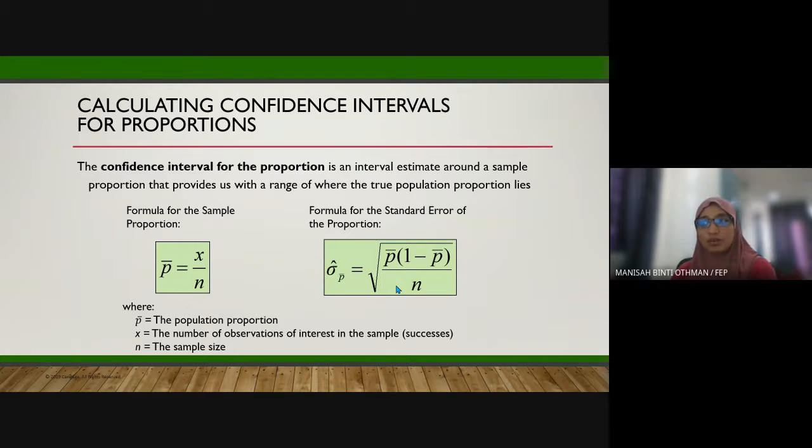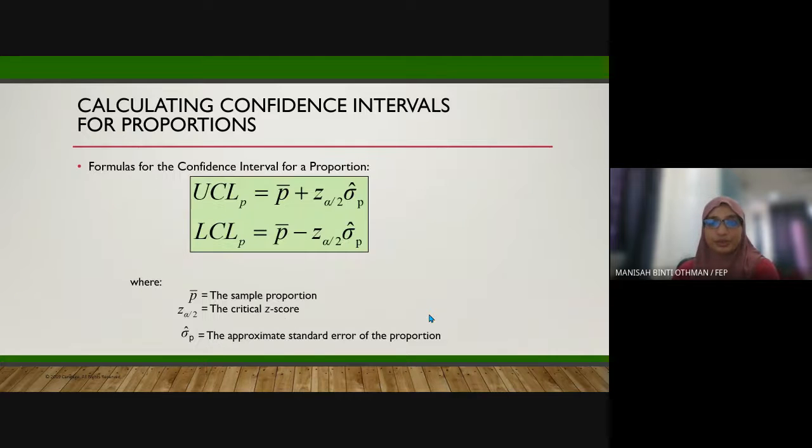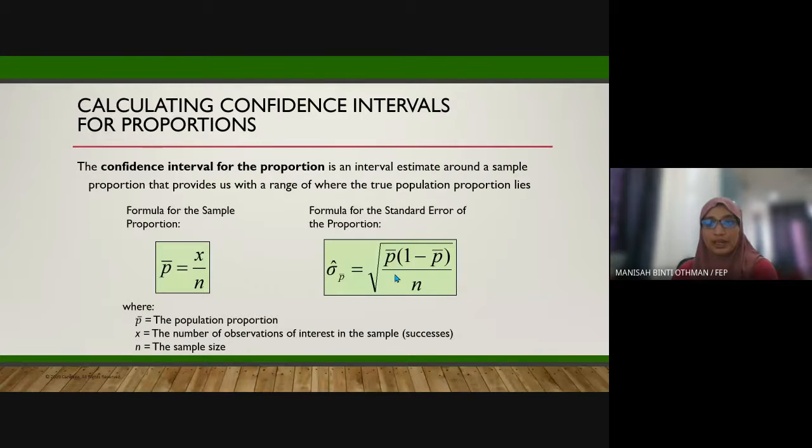Here P bar, small p, is the sample proportion. This symbol is sigma with a hat, sigma hat P bar, which is the standard error of the proportion. Sigma hat X bar is the standard error of the mean.